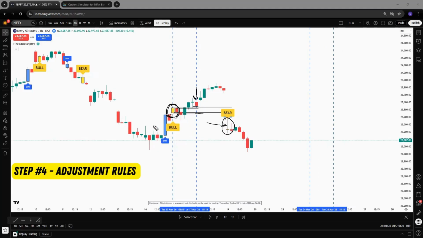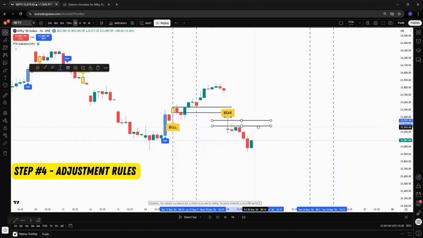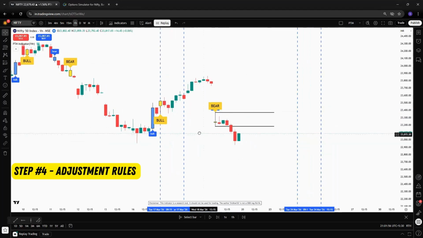What if there is a new yellow color signal? We have the weekly range, and there is a new yellow color signal. You are going to change this to the latest one. So this zone's importance is over when there is a new yellow color signal. You mark the new signal, mark the new zone.